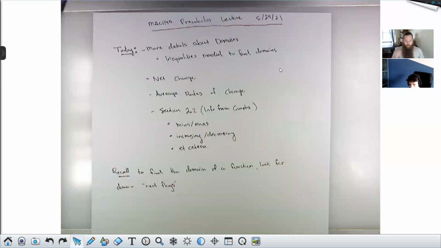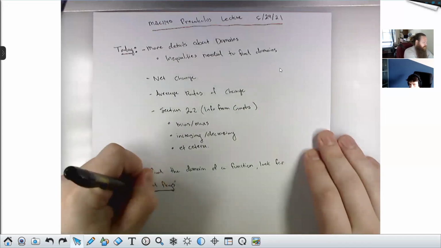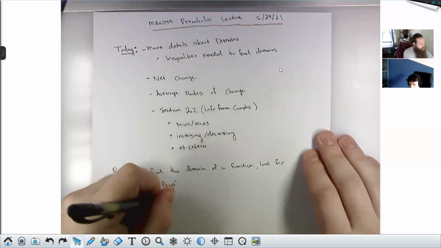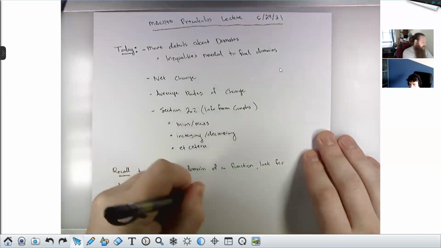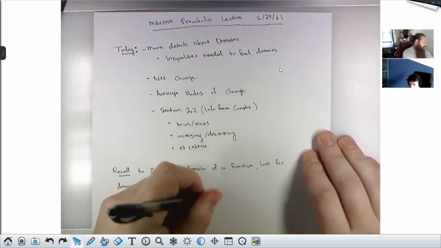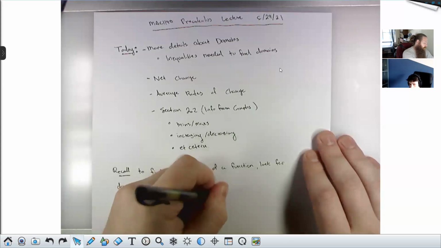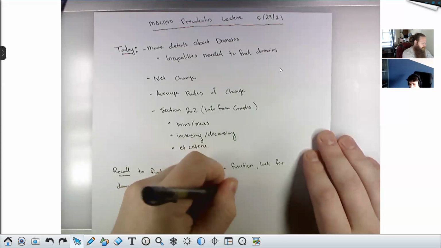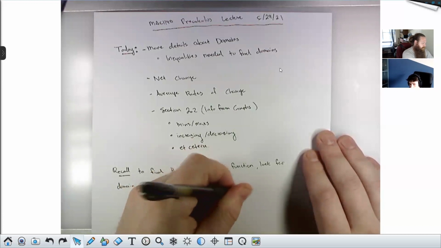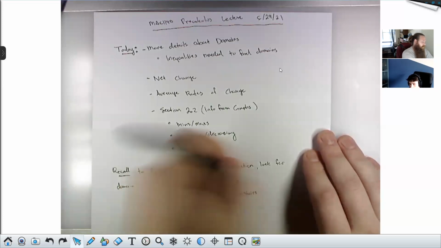And a red flag here is what it sounds like in other contexts. It's something that should set off alarm bells in your head. The two big domain red flags that we have at this point in the class are variables downstairs in a fraction.